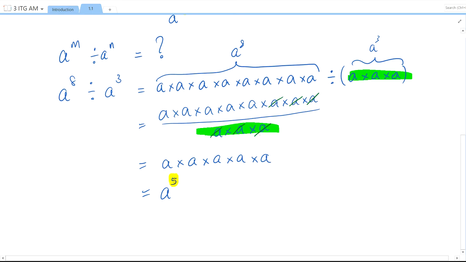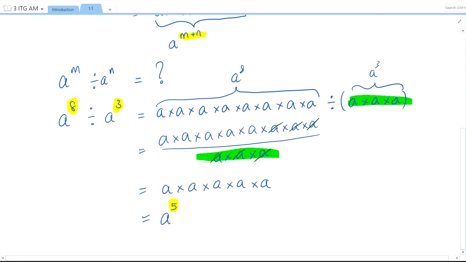Oh, it appeared because the a to the power of 8 was the numerator, divided by a to the power 3 in the denominator. 3 of them get cancelled out, we're left with 5 of them. So this 5 came from 8 minus 3. You can try it out with other examples yourself, but you should be able to generalize our original question. This gives us a to the power of m minus n. Okay, this is our second law of indices.